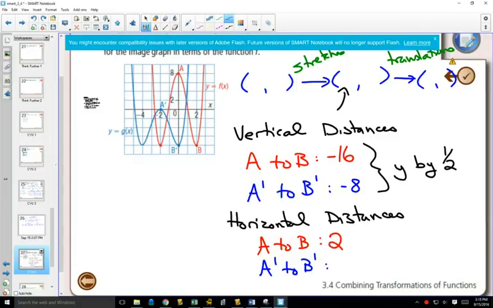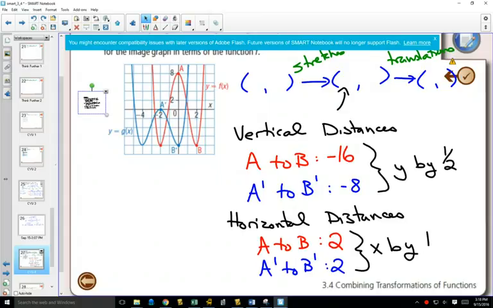A prime to B prime, also positive 2. So nothing's changed here. X has been multiplied by 1. So there is going to be no horizontal stretch or compression. So that was step 1, figuring out what our stretches and compressions were.